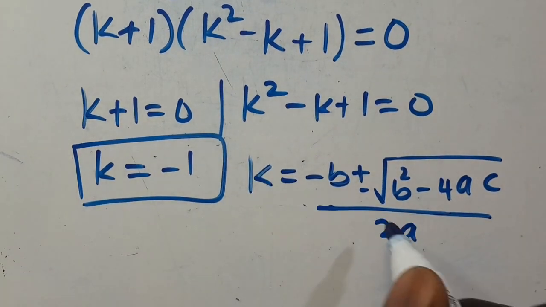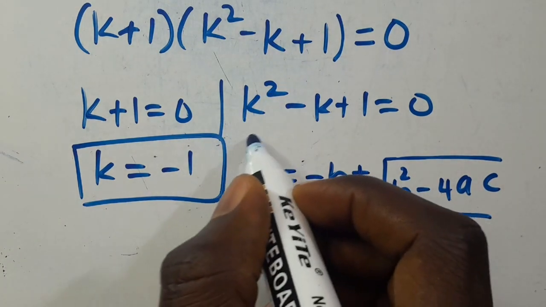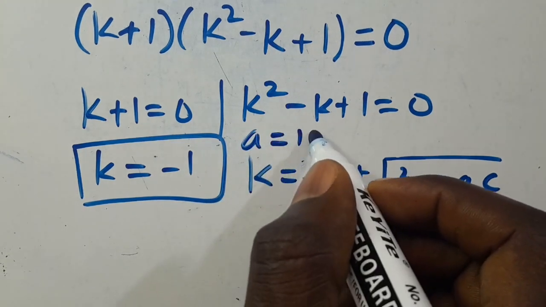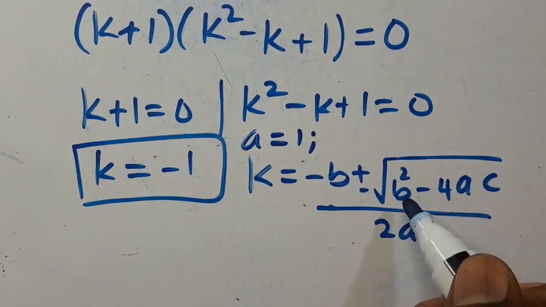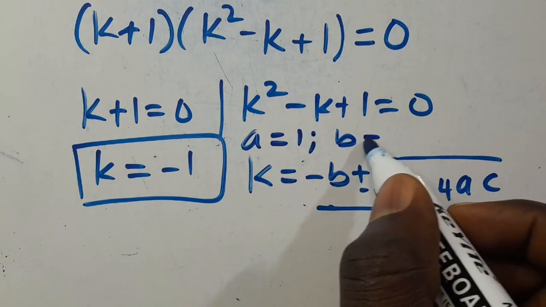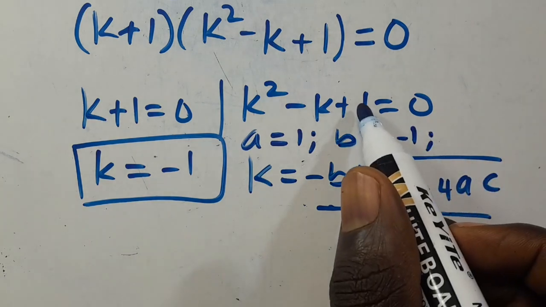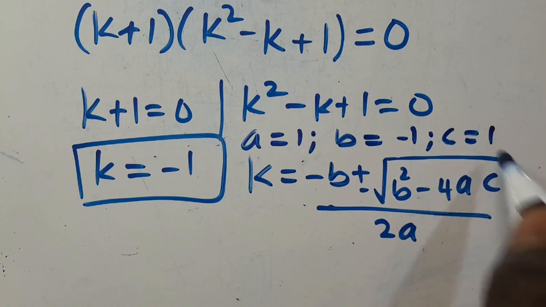The parameter a is the coefficient of k square, which is 1, so a equals 1. b is the coefficient of k, which is minus 1, so b equals minus 1, while c is the constant, which equals 1.